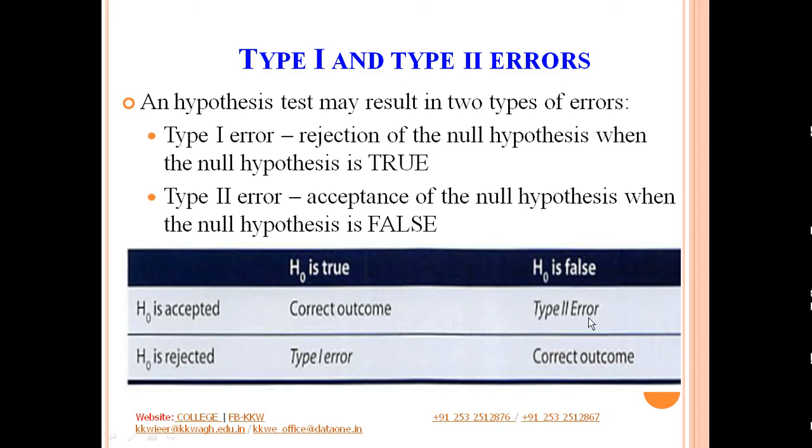Similarly if H0 is false in reality and the evidences also do not support H0, so we have rejected H0 and accepted H1, so that is the correct outcome. So you can see here it gives us the correct outcome. So this is type 1 and type 2 errors, and this is the confusion matrix for the same.